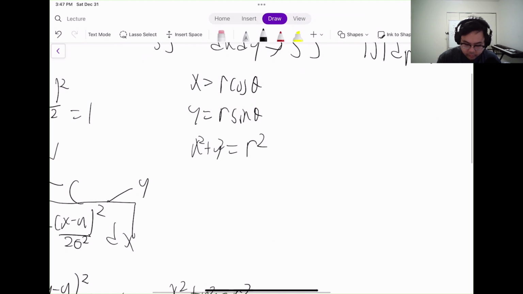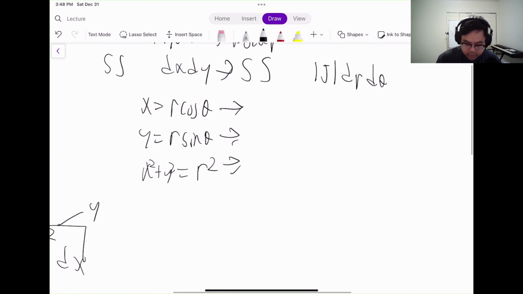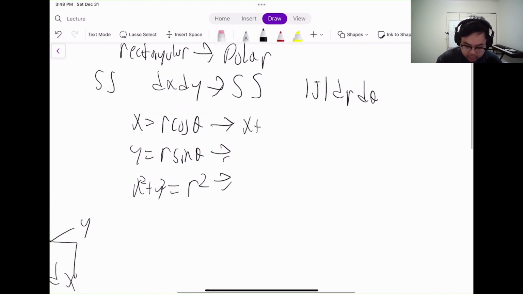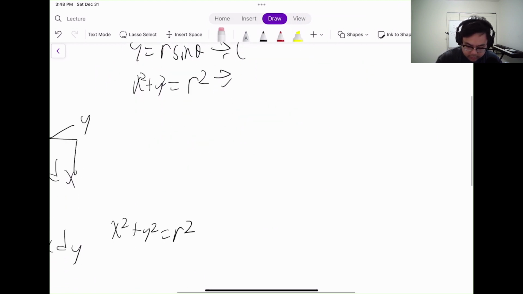But in our case, we're going to transform these for our functions here. So we have x plus mu equals r cosine theta. We're just adding a mu. Think about it like we're changing the coordinate system.